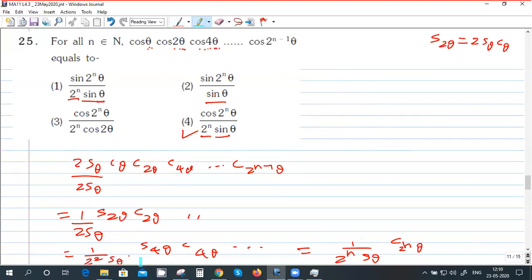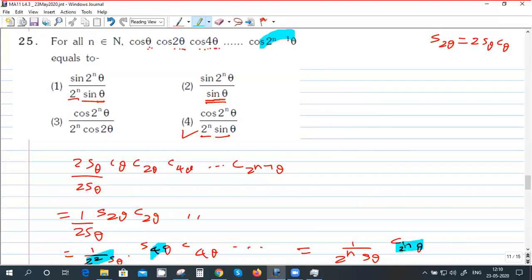At this stage, when sin 4 theta is there, I'm having 2 square. The last one is 2 raised to the power n minus 1 into theta. So finally, I'll get 2 raised to the power n into theta.